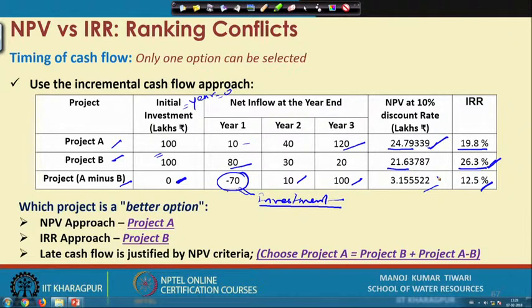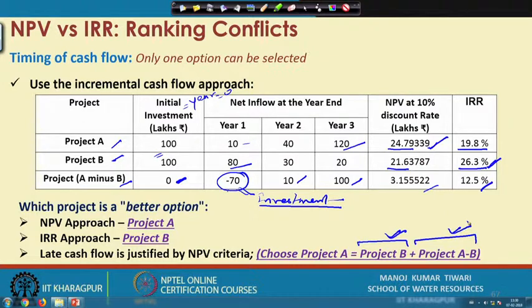So, project A minus B is also justified. Making this additional, imaginary investment in year 1 is also justified. That means it is better to go for project A, where it is as good as choosing project B as well as project A minus B.